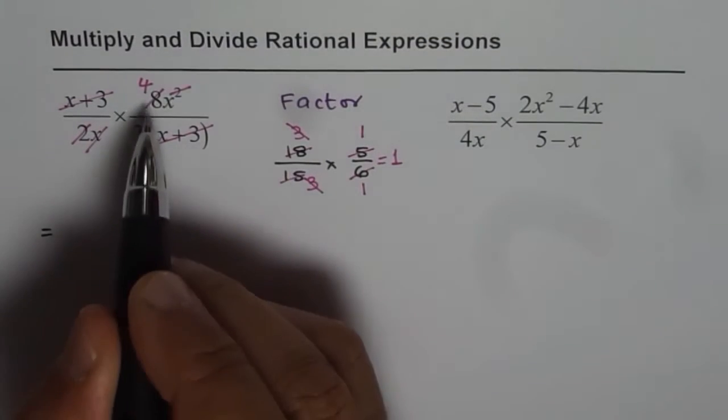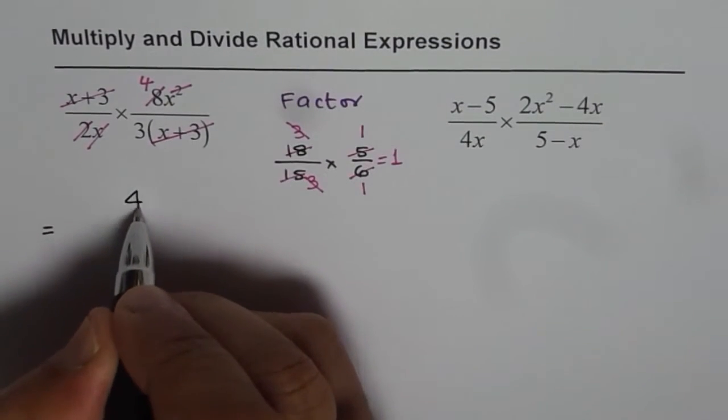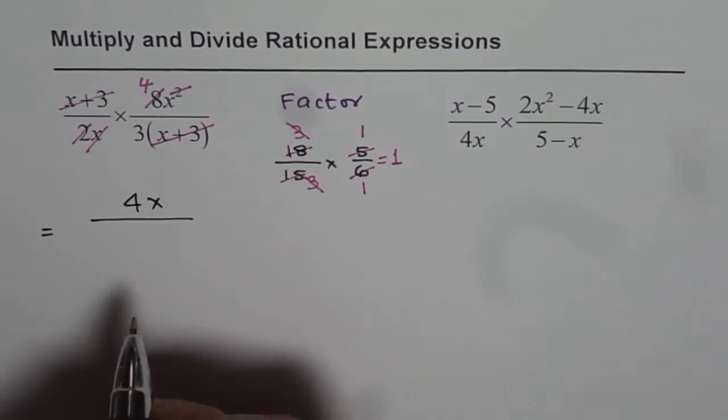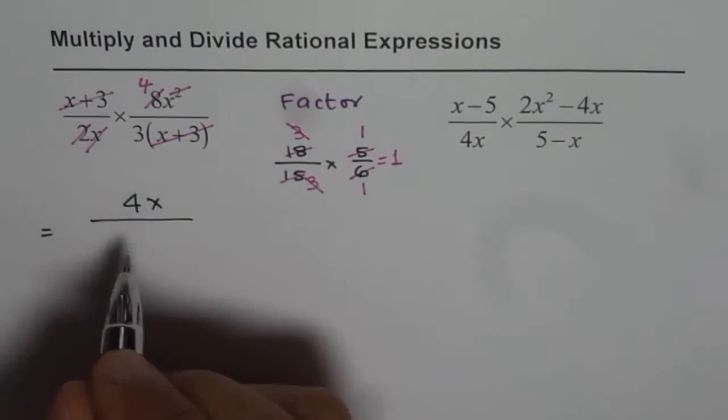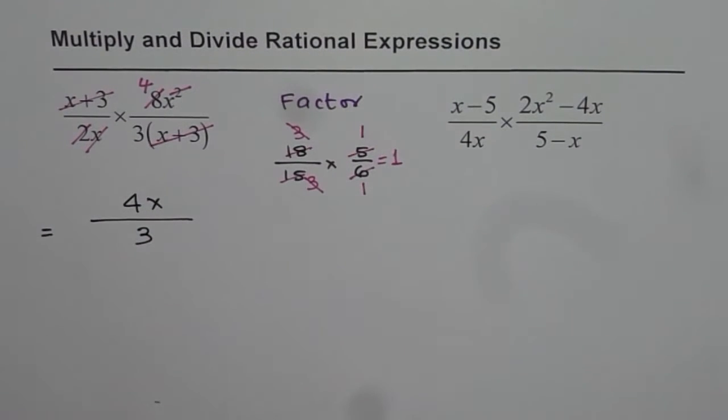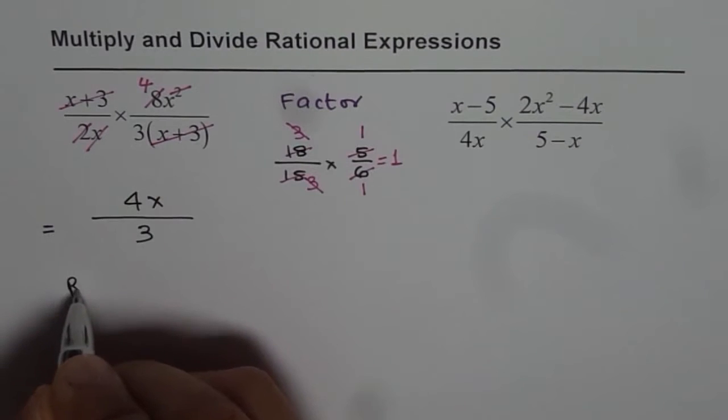The result is 4 times x in the numerator, and the denominator is 3. So that is our answer. That is how we multiply rational expressions. It's that easy. One more important thing is to write down restrictions.